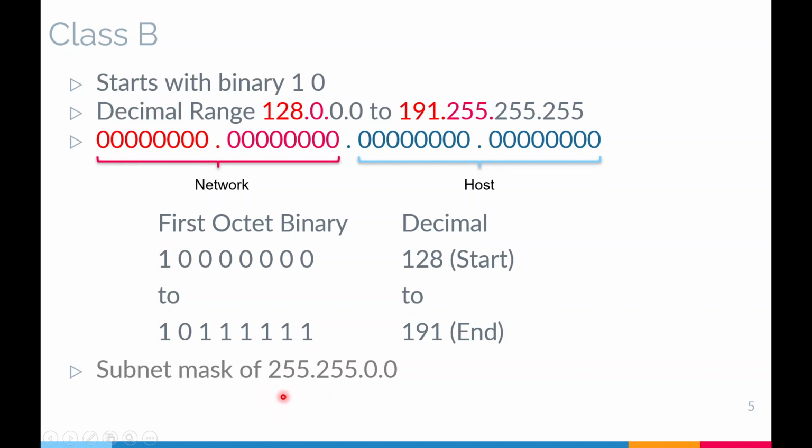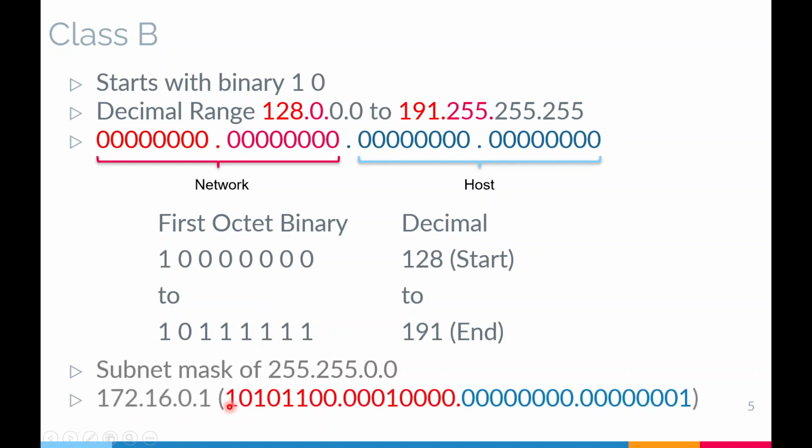So we can also represent it as a subnet mask of /8 for class A. For class B, we can say subnet mask of /16 because the first 16 bits are reserved for network and the remaining can have hosts. Now here is a sample IP address from class B.